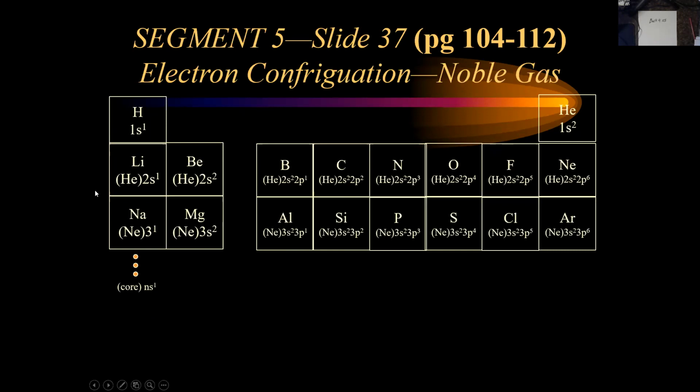So all of these elements have a core and then ns1. And this one is n equal 1, n equal 2, and n equal 3. So a group 1A family looks like that. They'd all look just like that. You'd have a core, and you'd have 1 electron on the outside of the core. So we're doing what we call Lewis dot structures.